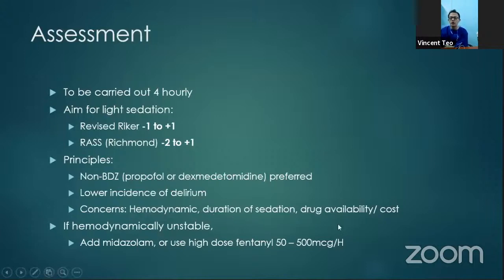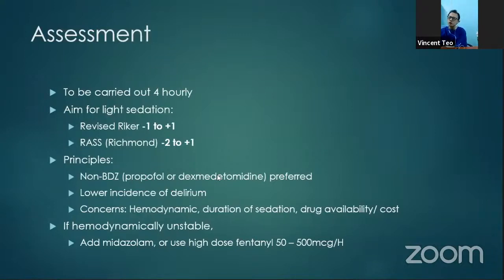And of course, the drug availability and cost are very high with the use of propofol and Precedex, and they may not be available at this point in some centers, due to limited stocks, and not to mention it's very costly. And now that the pandemic is rampant, we are running out of stocks very quickly.